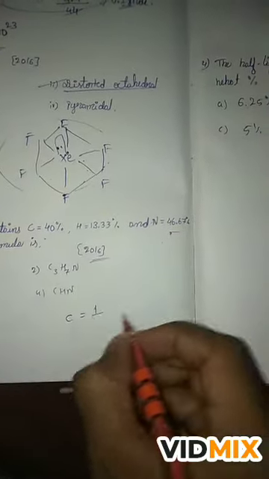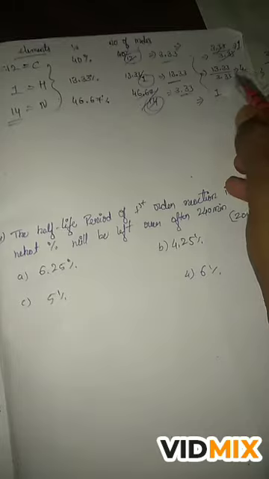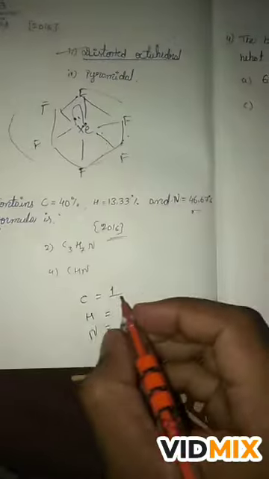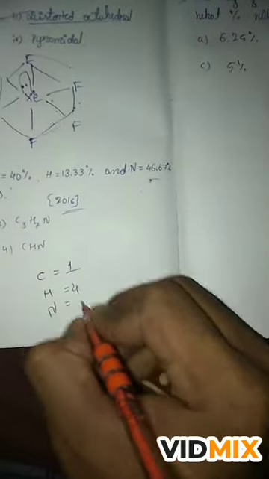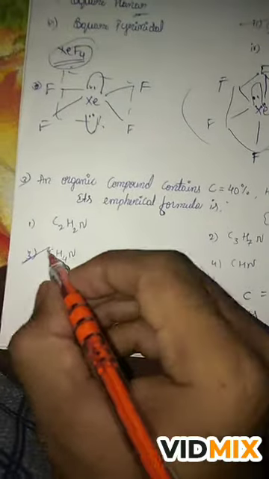Carbon atom C comes with 1, hydrogen with 4 and nitrogen 1. Therefore CH4N is the right answer.